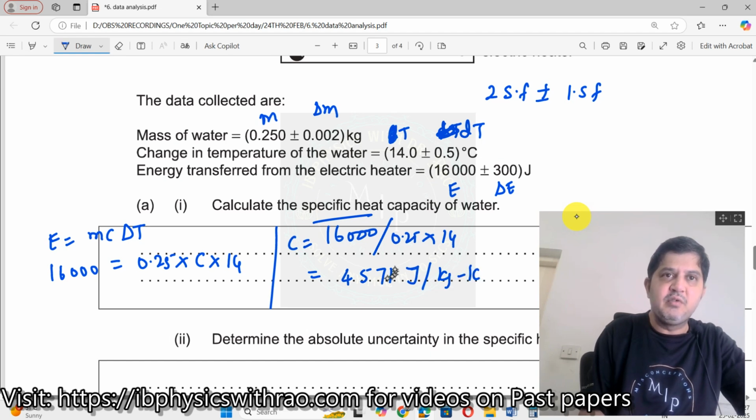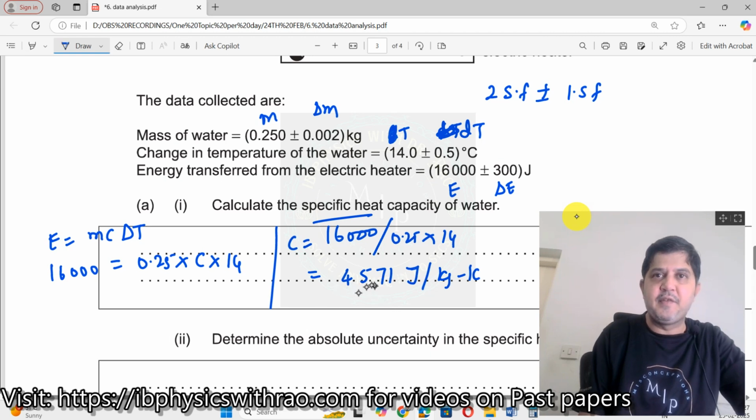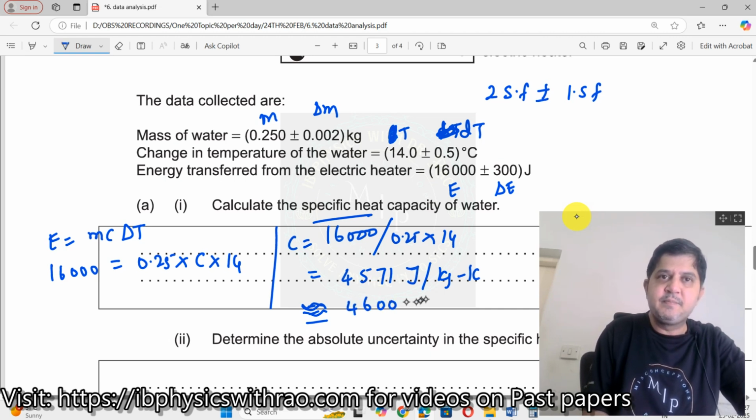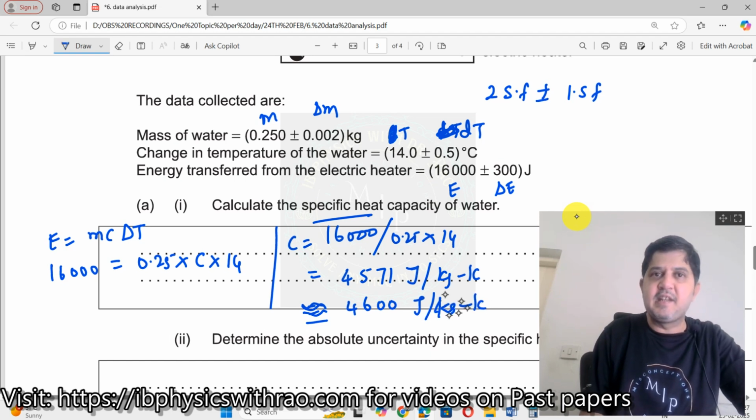But as I told you, this value should be only two significant figures. Here it is four significant figures, so I'll truncate it with a tilde, meaning approximately. I will not put 4500, I will put 4600 joules per kg Kelvin. This is what you see in the marking scheme also.